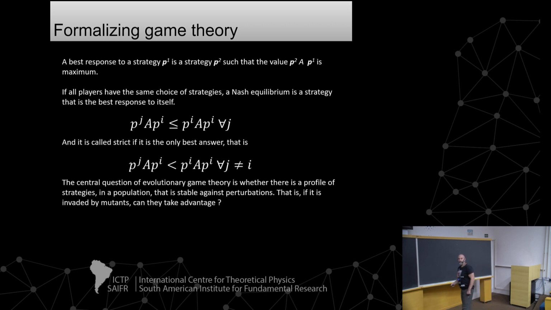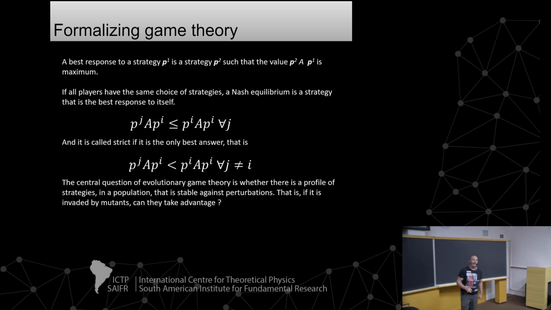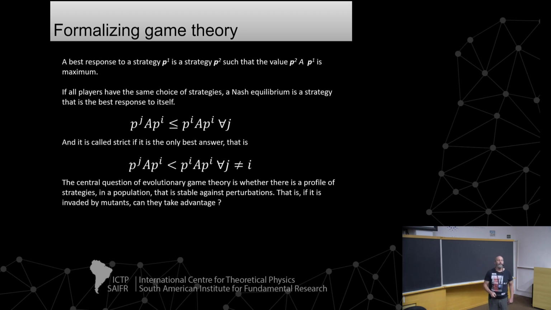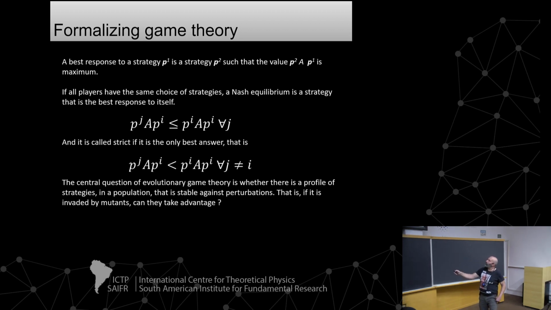Just a question, related to his question: all players have the same set of strategies. Yes, in this case all players have the same choice of strategies. I assume that if the payoff matrix is symmetric, then the Nash equilibrium would be the same for all players, and the payoff matrix can introduce asymmetries.